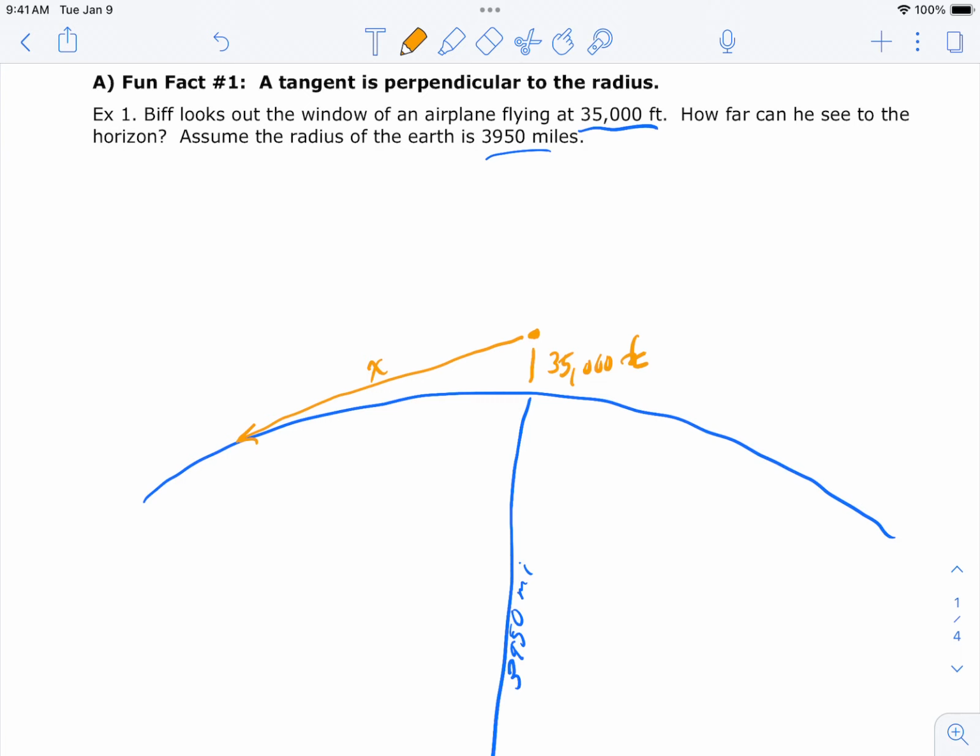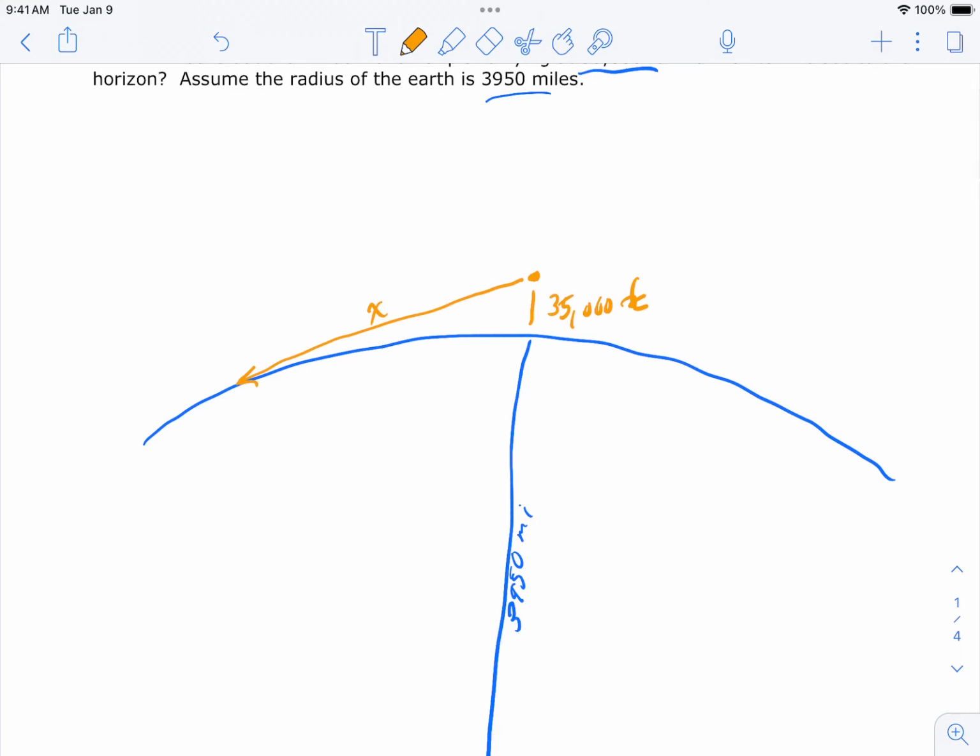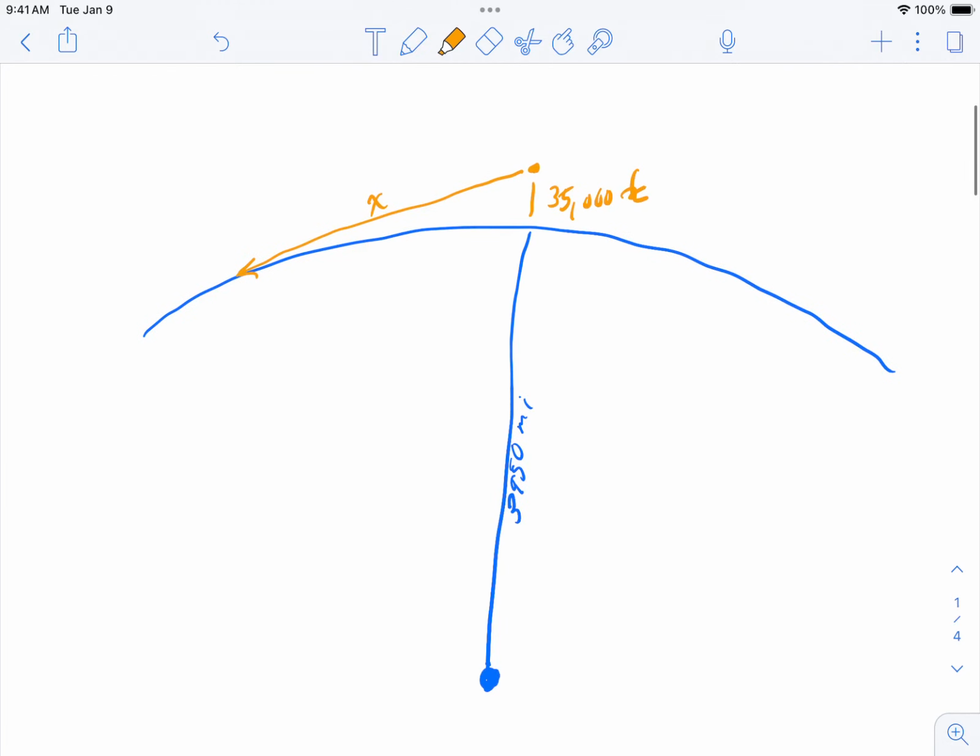So, how are we going to solve for that? Well, when he's sighting to the horizon, doesn't that look like he's making a perpendicular there? Perpendicular to the radius of the earth? So yeah, we should be able to draw from here to the center of the earth and say that that's a 90-degree angle.